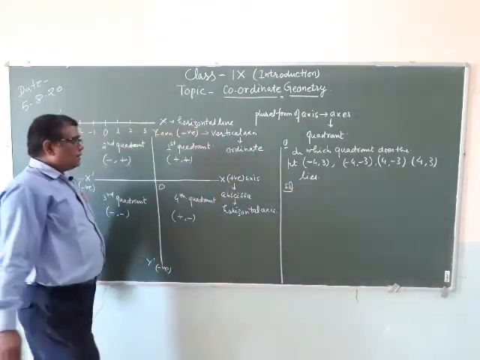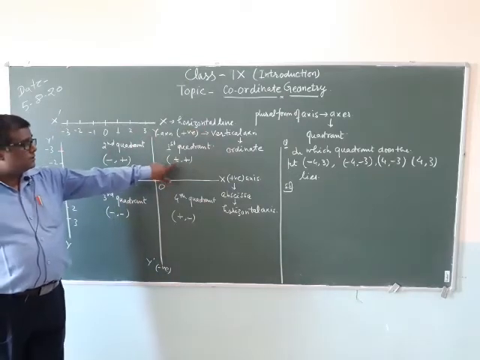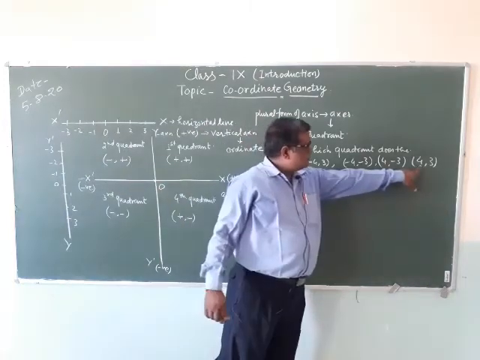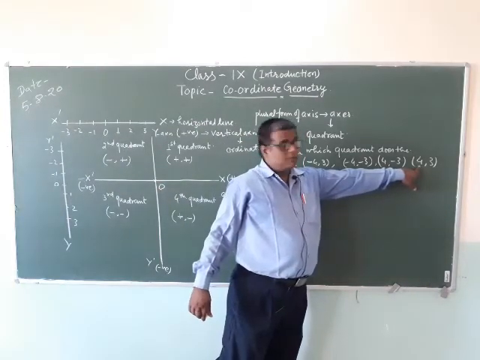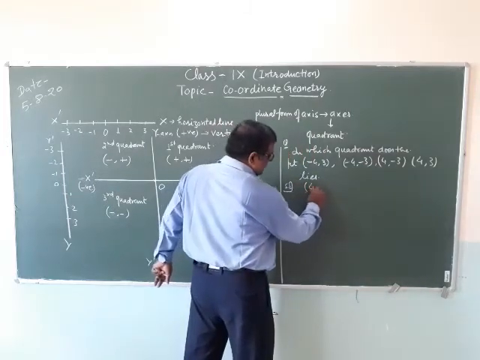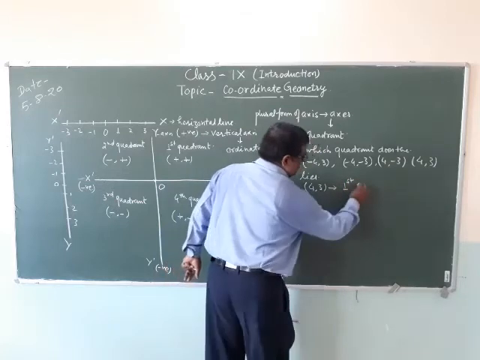Here look, here both are positive, x is also positive, y also positive. Therefore (4, 3) lies in first quadrant.